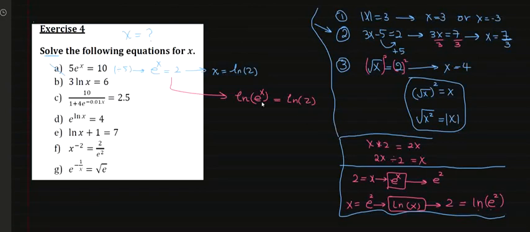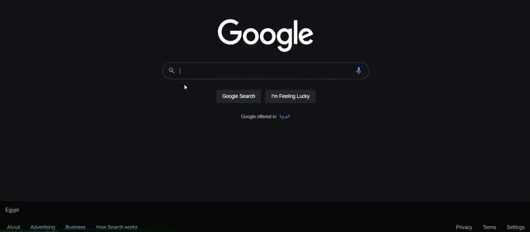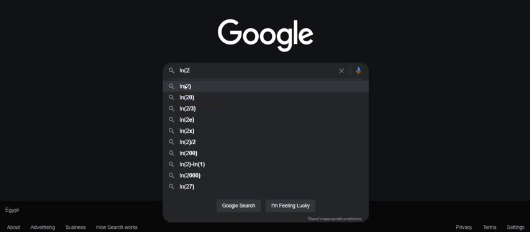Okay, so this is what happens. The ln will move with the e and take care that the x remains. It remains and it's equal to ln of 2. If you calculate ln 2, I will open it here in Google. You might even just open it in Google because I want to show you what ln 2 is.